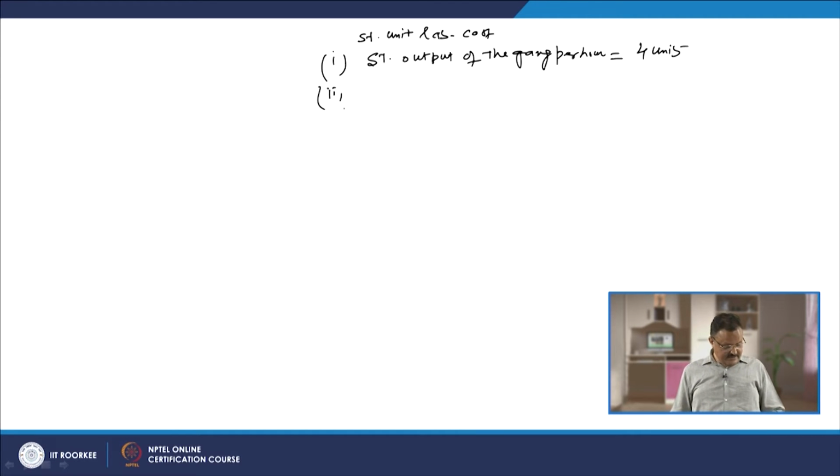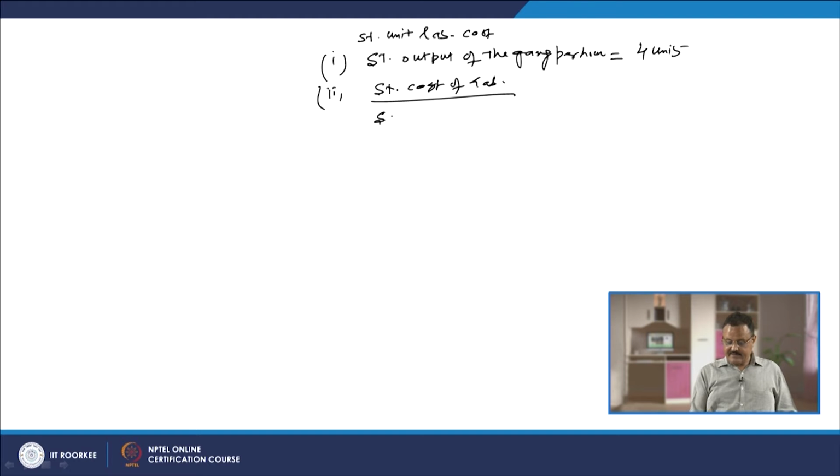Number 2, we have to calculate the labor cost, that is the standard cost of labor, taking skilled, semi skilled, and unskilled. Skilled: number of workers is 2, and the rate we are going to pay is rupees 20 each.